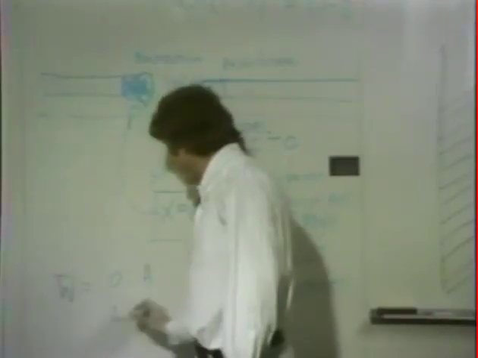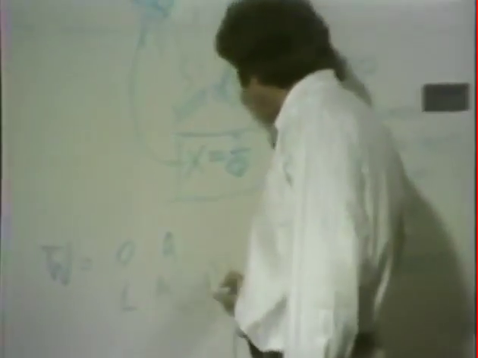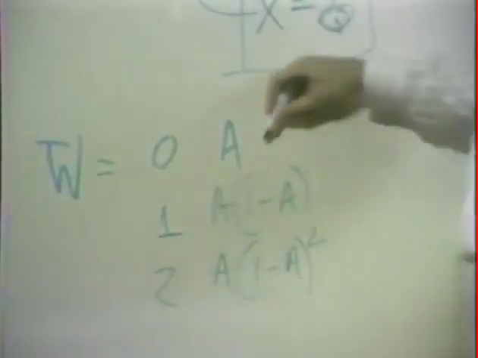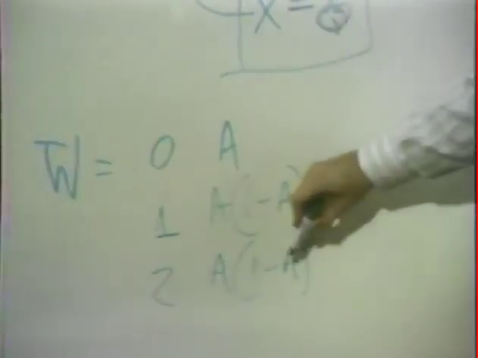And you'll have to wait 1 slot with probability A times (1 minus A), and 2 slots with probability A times (1 minus A) squared. That is, this is the probability that there were 2 failures to acquire, and so on.